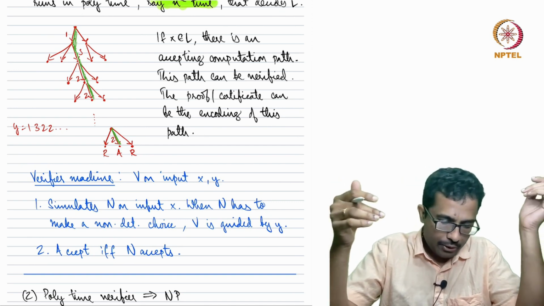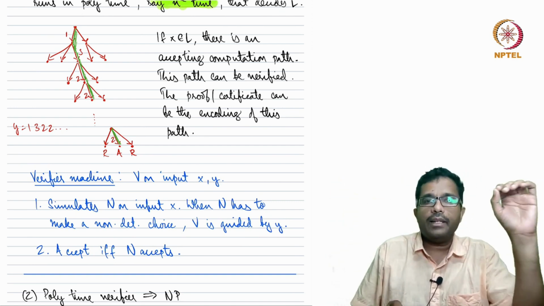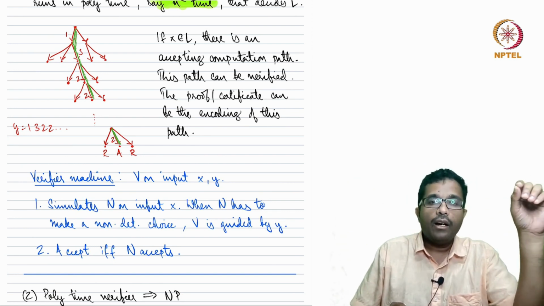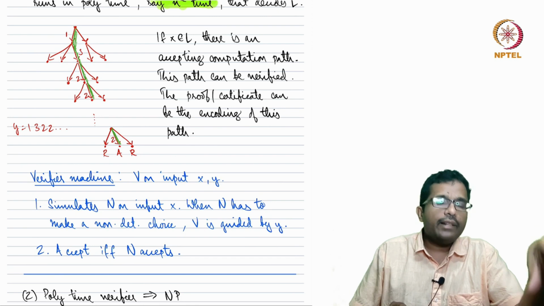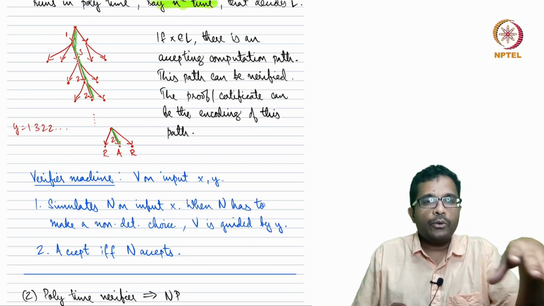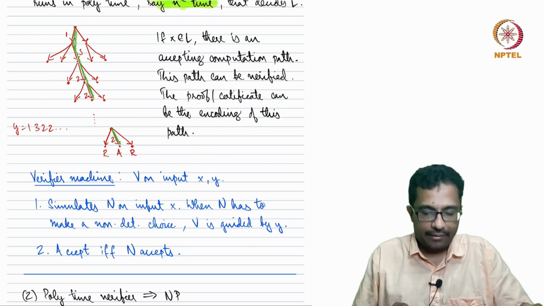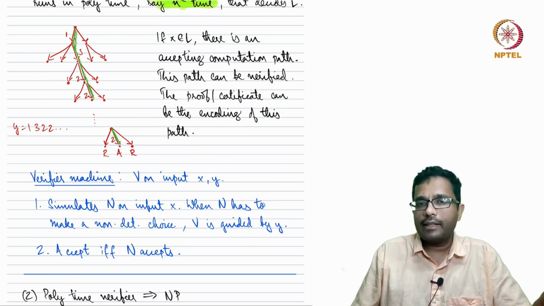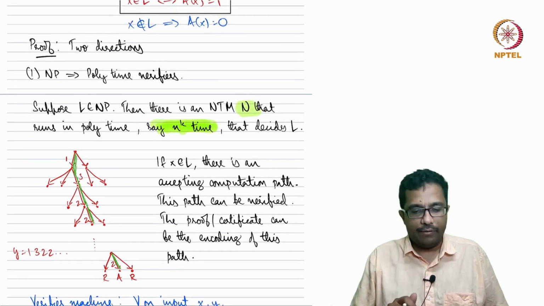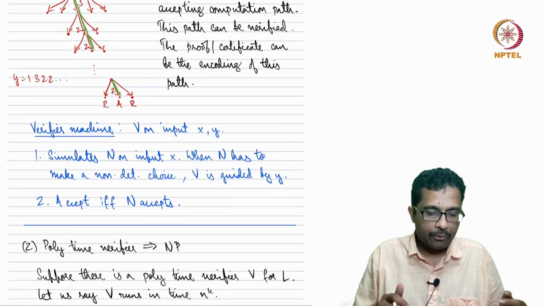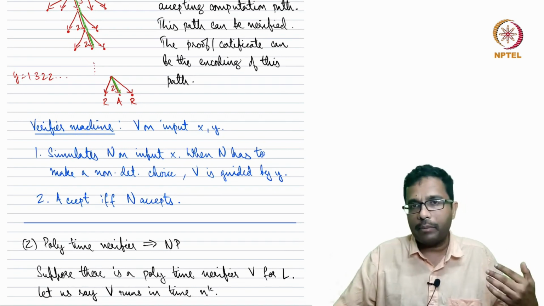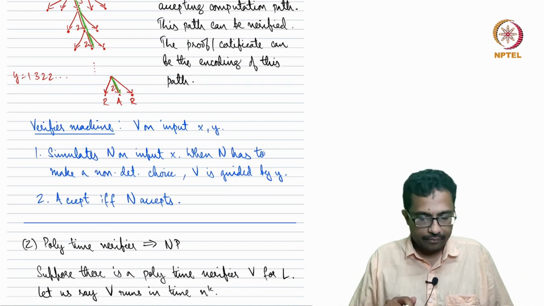So the verifier machine is simply a simulator of N on the input, and whenever there is a non-deterministic choice, it looks up y to decide which path to take. That shows that if L is in NP, it has a polynomial time verifier. Clearly the verifier runs in polynomial time, because N is also polynomial time; the verifier just walks through one path of N.